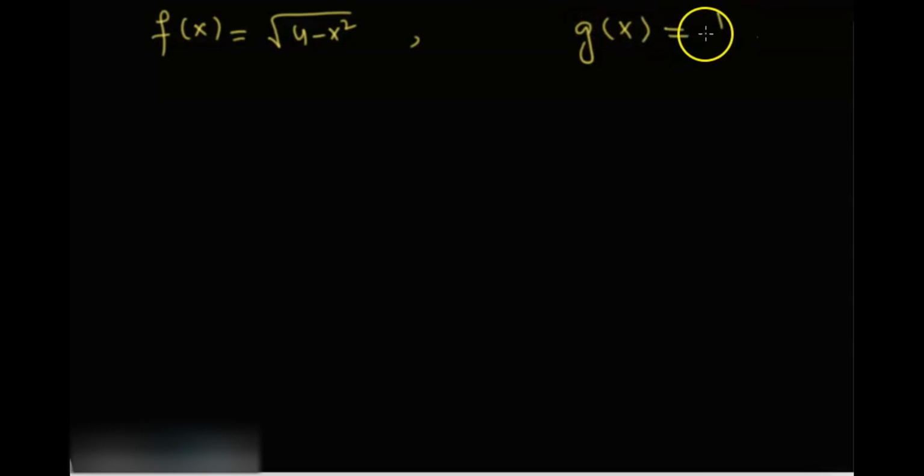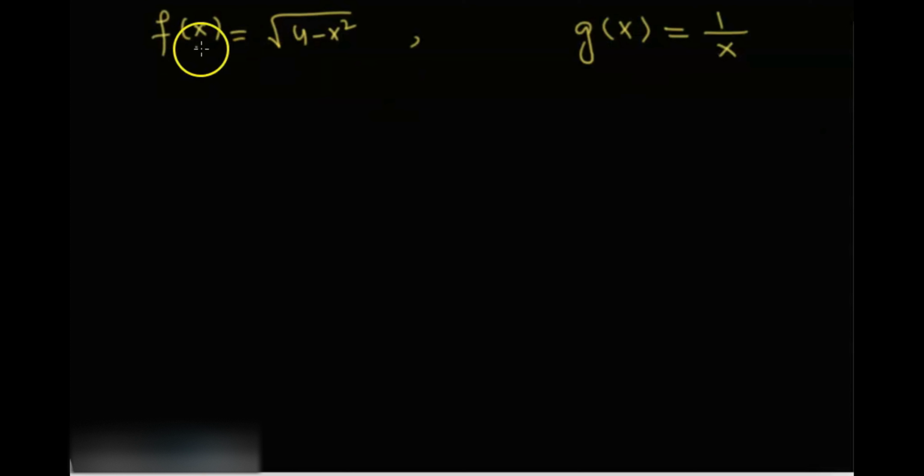Now let's consider another interesting example where my f of x is equal to the square root of 4 minus x square, and my g of x is equal to 1 over x.